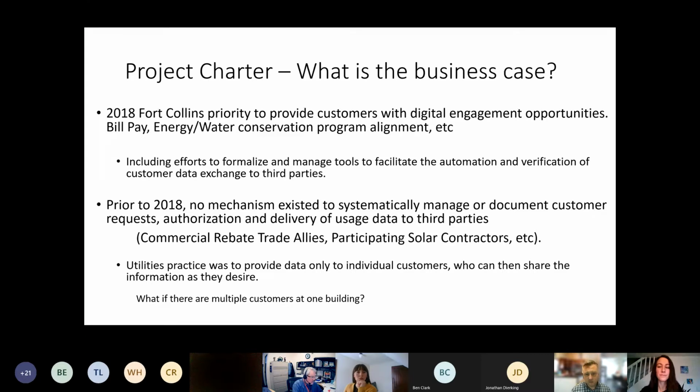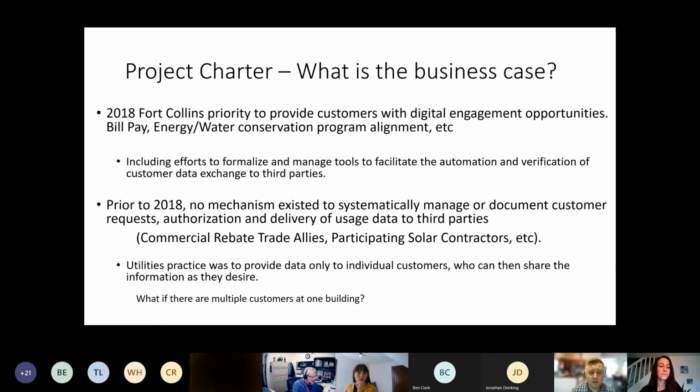So having these formalized tools and processes to empower our customers to go in and check their utilities data, monitor their own usage and understand where their bills are at, that's the direction that we've been going in for the last couple of years, and we're continuing to improve.